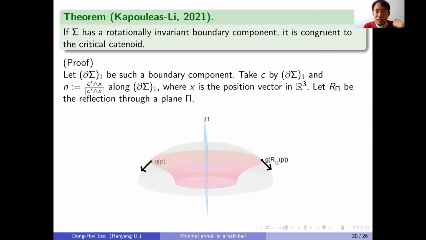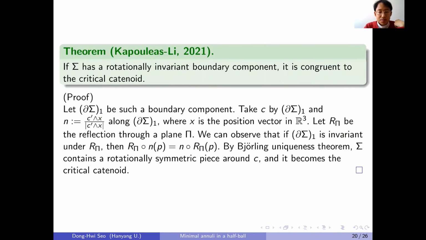However, the direction could be reversed, but in our case, for the minimal annulus, we can show that the direction should be as in the picture. So we have this commutating relation. By using the Björling uniqueness theorem, we can show that we have a rotationally symmetric piece around C, and it coincides with our surface sigma.